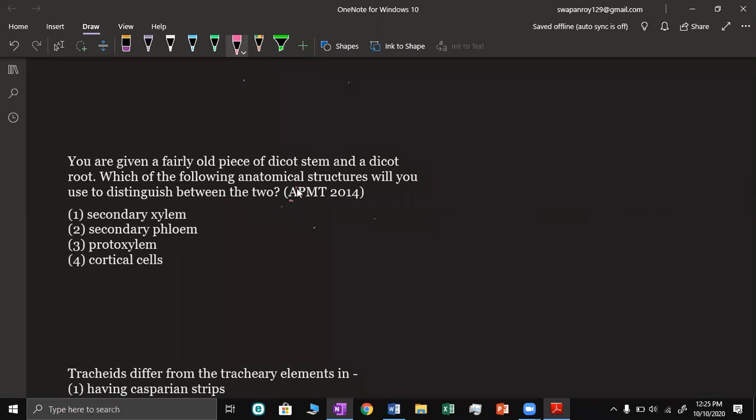Next question. This is AIPMT 2014. You are given a fairly old piece of dicot stem and a dicot root. Which of the following anatomical structures will you use to distinguish between them? One is the stem and one is the root.